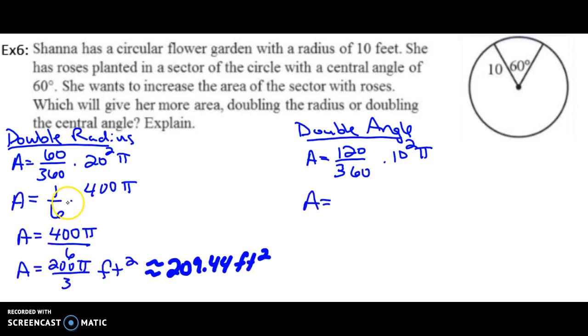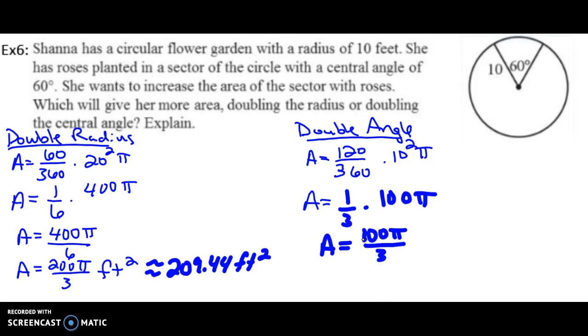All right, so you see we take 1/6 of 400 pi, which would be 400 pi divided by 6. We can simplify to get 200 pi over 3 square feet, or 209.44 square feet. All right, if we double the angle, make it 120 degrees, if we simplify that, that would be 12 over 36. 1/3 times 100 pi, which is going to be 100 pi over 3.